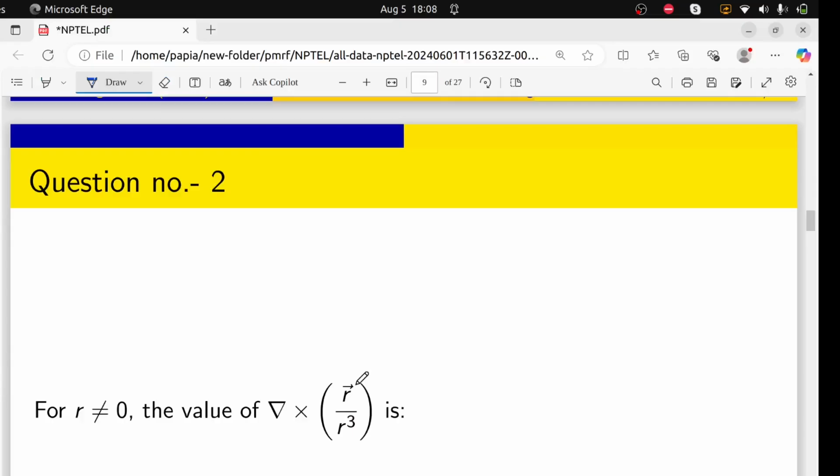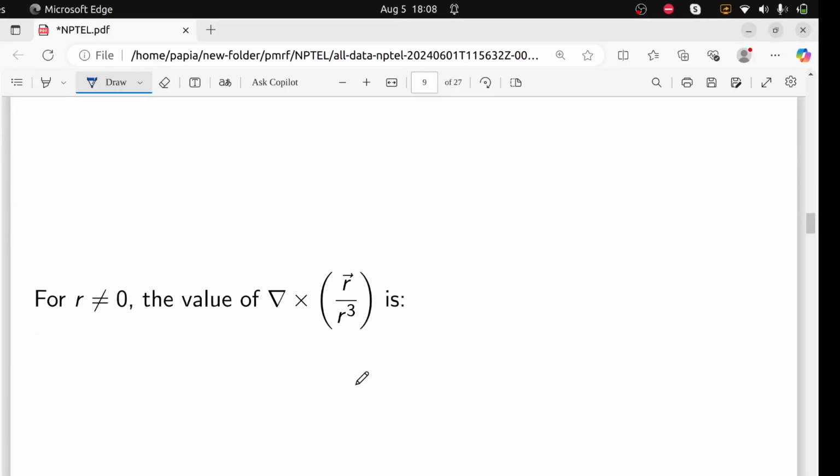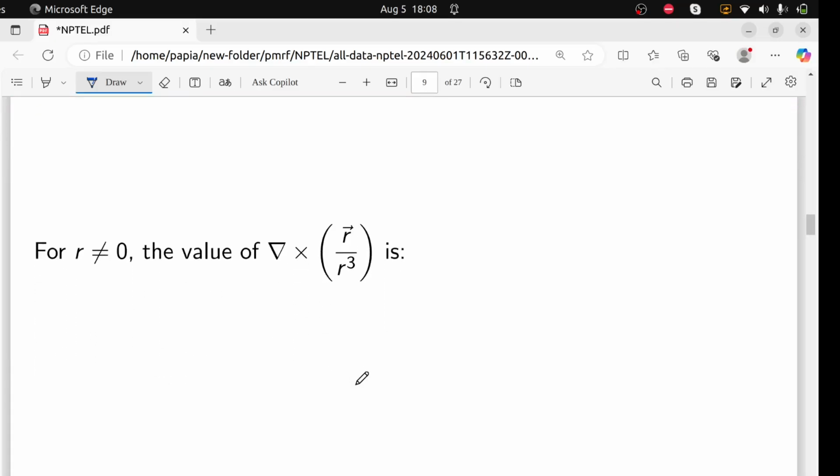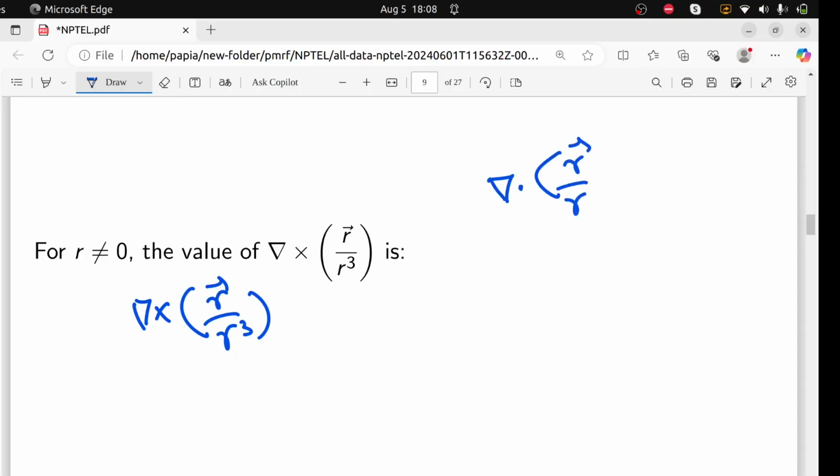So today we will focus on the second question, and we will start from it. Okay, let's start. Today's second question is exactly similar, but in the previous one it was divergence of r vector by r cube, and now it is curl of r vector by r.